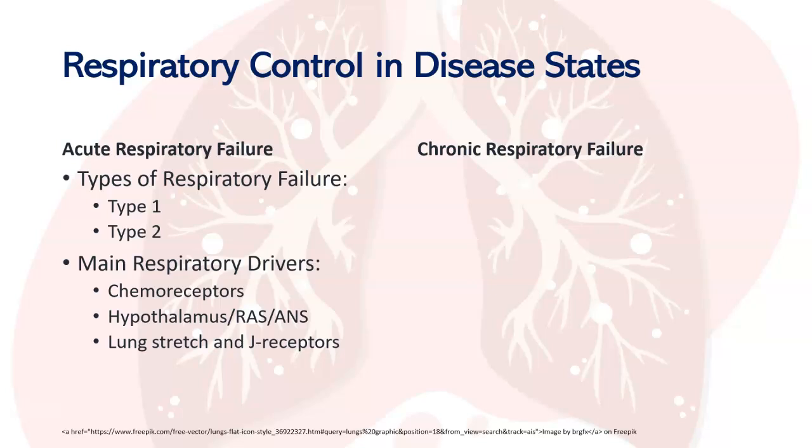Those are direct effects on the chemoreceptors, which then stimulate the respiratory center. In addition, this respiratory distress can cause an activation of the reticular activating system and the sympathetic nervous system, which again has a direct effect on the respiratory system, but also increases sensitization of the other receptors, such as the chemoreceptors.